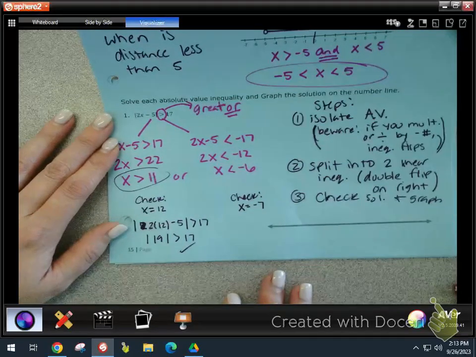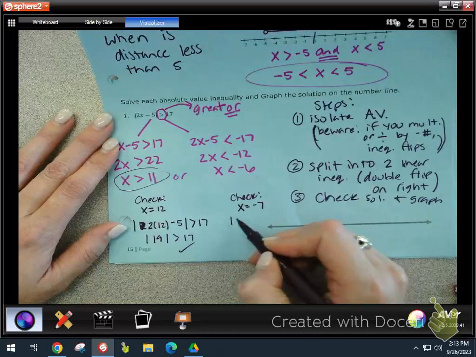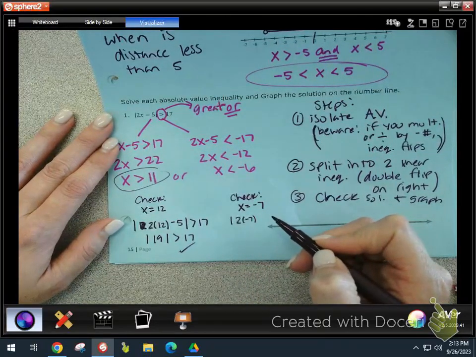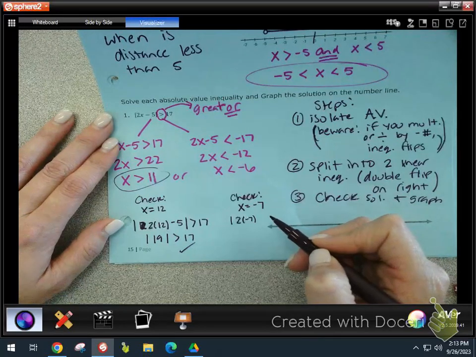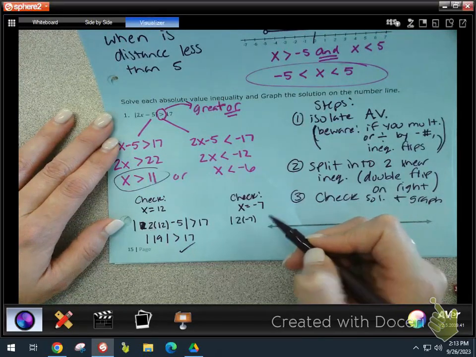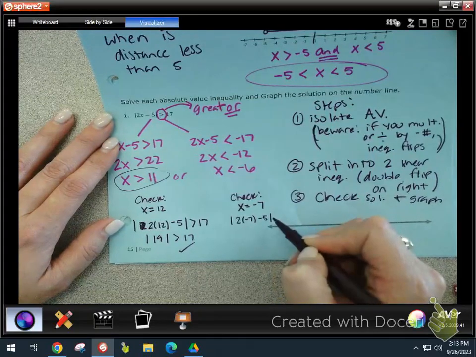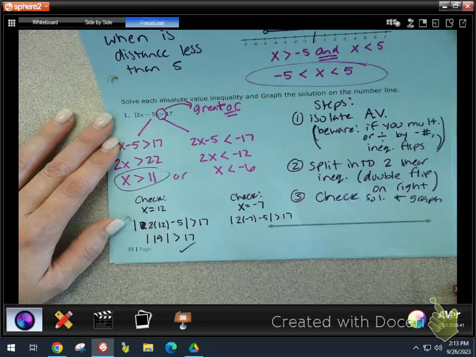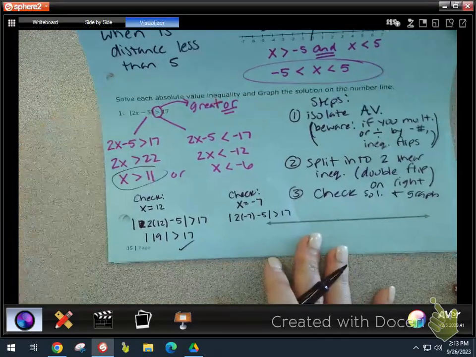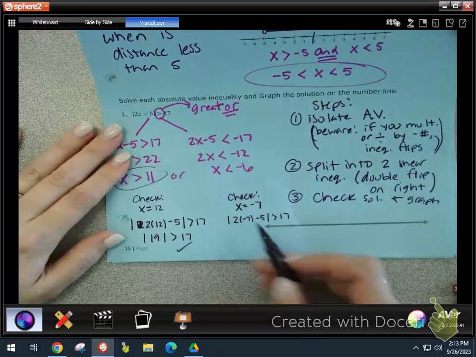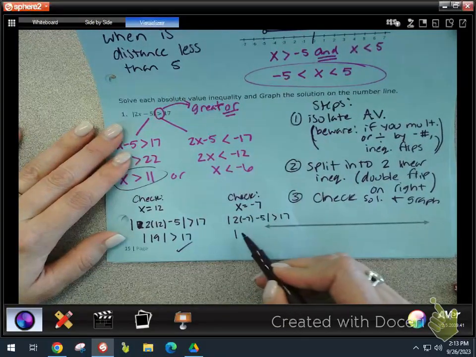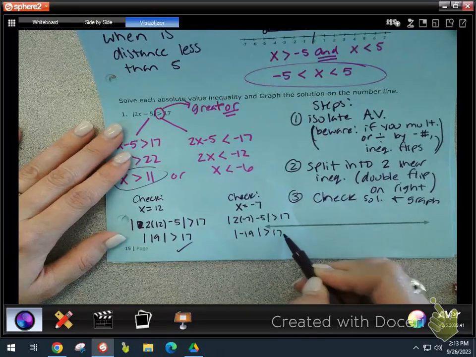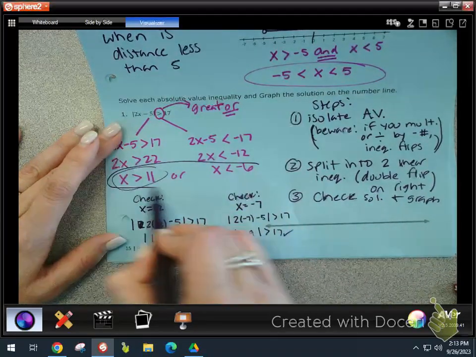Something that is true in there. 2 times negative 7 is negative 14, minus 5 is the absolute value of negative 19. Is that greater than 17? Yes. So this also works. So technically I should circle both.